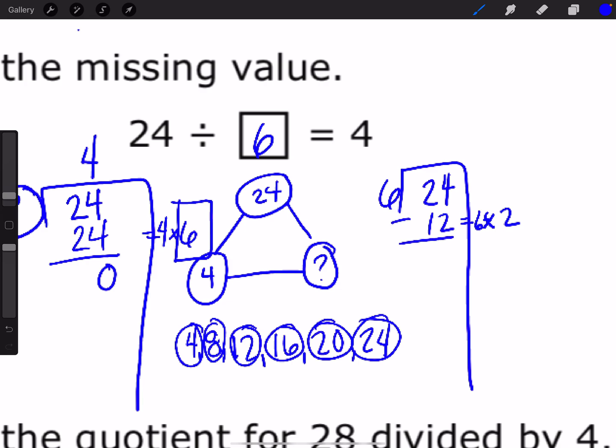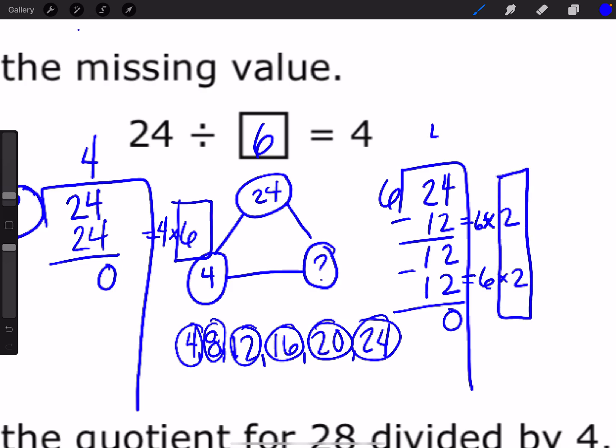If we subtract that, 4 take away 2 is 2. 2 take away 1 is 1. And we know that another 6 times 2 would be 12. And if you take those away, that'd be 0. We look at our partial quotients, and it would be 4. 4 and 4 check out, and so we know that that is the correct missing value.